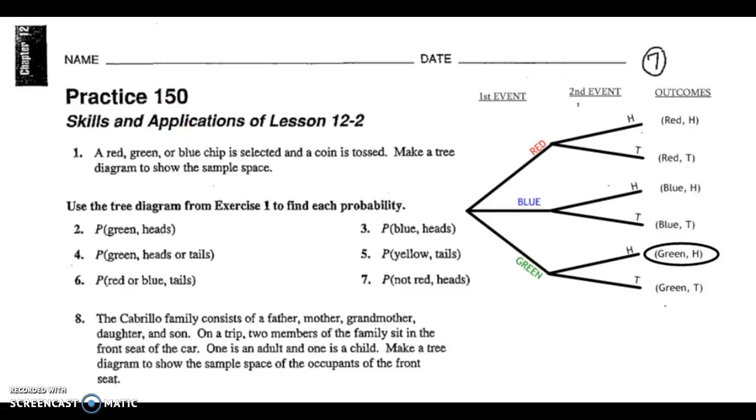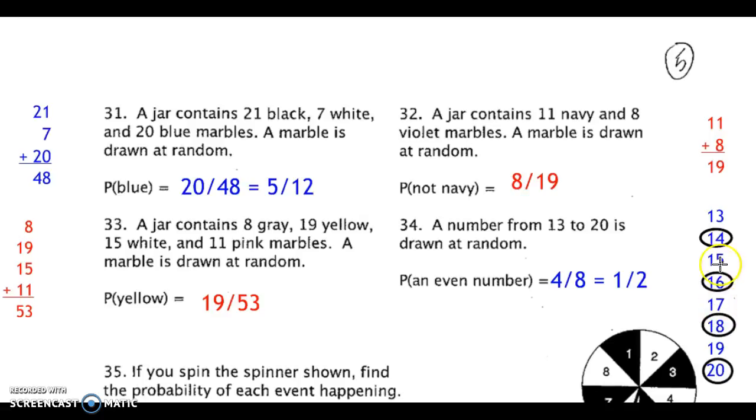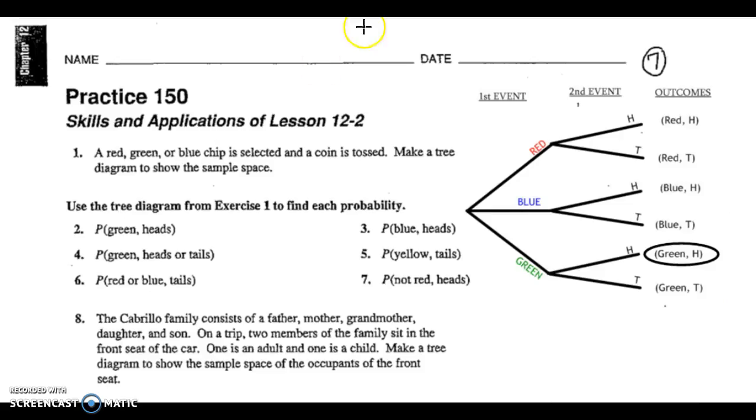You'll notice that this process is very similar to the other processes we went through where we listed out all the numbers and we circled the desired outcomes. It's the same exact deal. So I know that green and heads is going to be the probability 1 out of 6. So we'll write that in, 1 out of 6. I want you to try to use the tree diagram to calculate the other probabilities. So pause the video and I will come back with the answers in a moment.